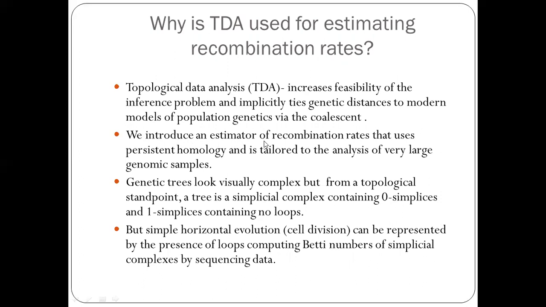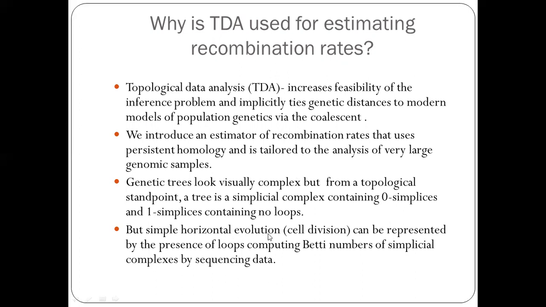We introduce an estimator of recombination rates that uses persistent homology and is tailored to the analysis of very large genomic samples. Genetic trees look visually complex, but from a topological standpoint, a tree is a simplicial complex containing 0 simplices and 1 simplices, and it contains no loops.